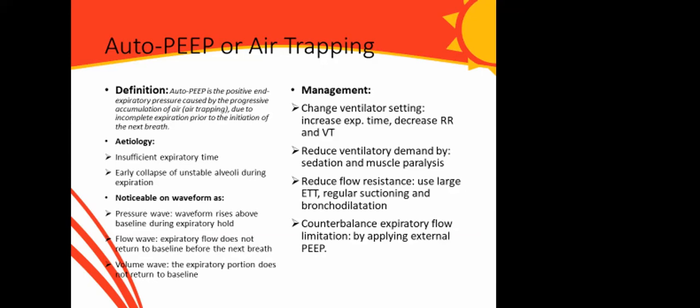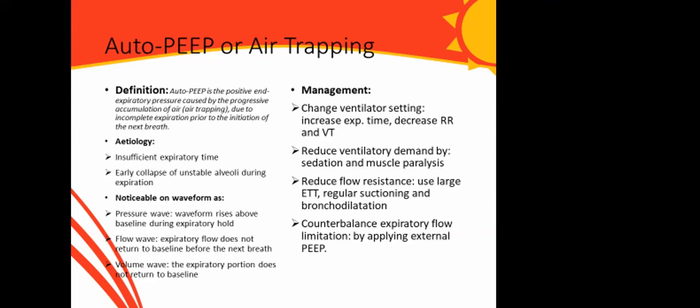You can also reduce the respiratory demand of the patient by sedation. I don't like paralyzing my patients in ICU. I can increase their sedation, but I'm also aware of the impact it will have on their blood pressure. But you reduce ventilatory demand so that the patient does not initiate a breath before the end of expiration.